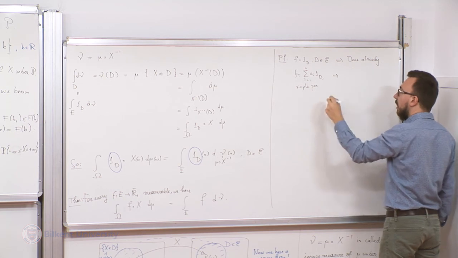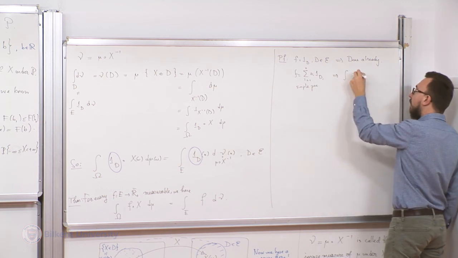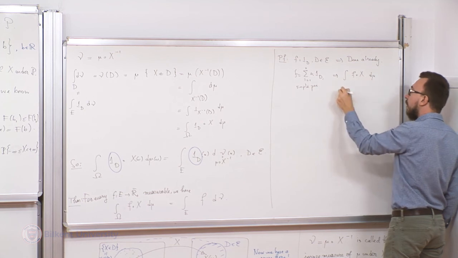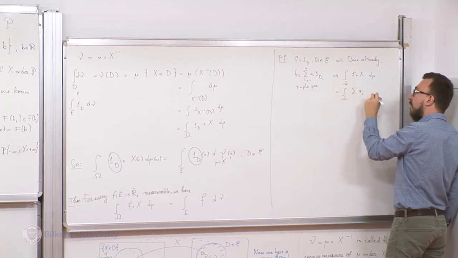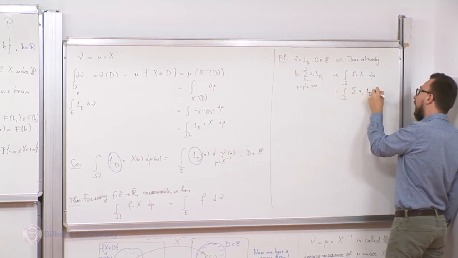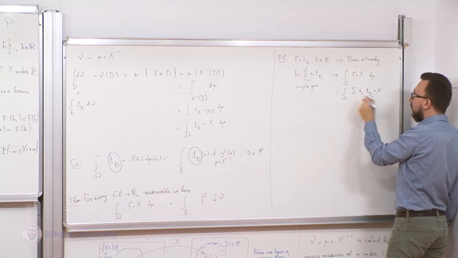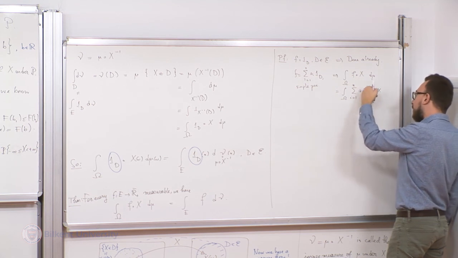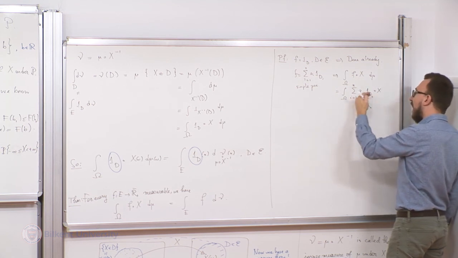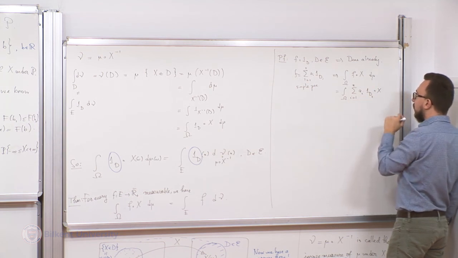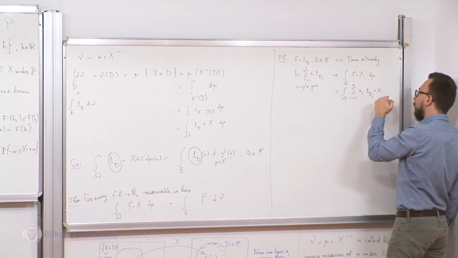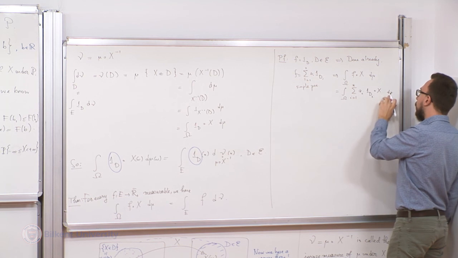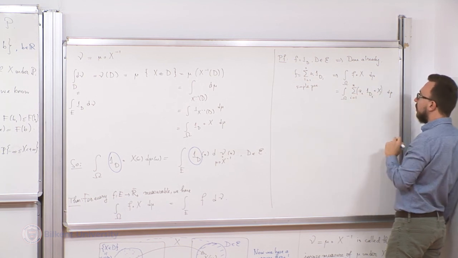The integral of f of X d mu over omega: I can apply this indicator function to X for each i and add those results. It's going to give the same effect because I'm doing it value by value. So now it's a sum of those functions.